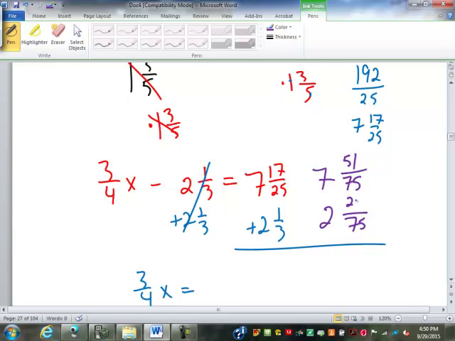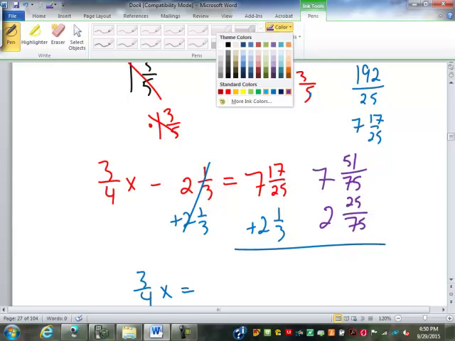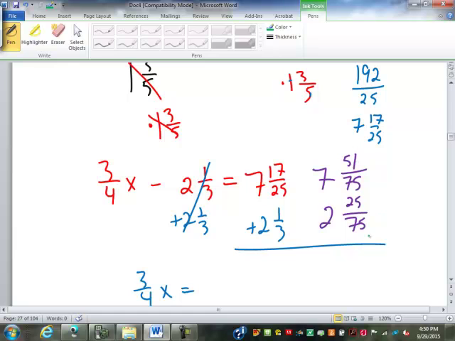This is going to be 25. So we add 51 and 25 makes 76 75ths. So that is going to be 1 and 1 75th. So we keep the 1 75th, carry the 1. 1 and 7 makes 8 plus 2 is 10. So that is 10 and 1 75th.